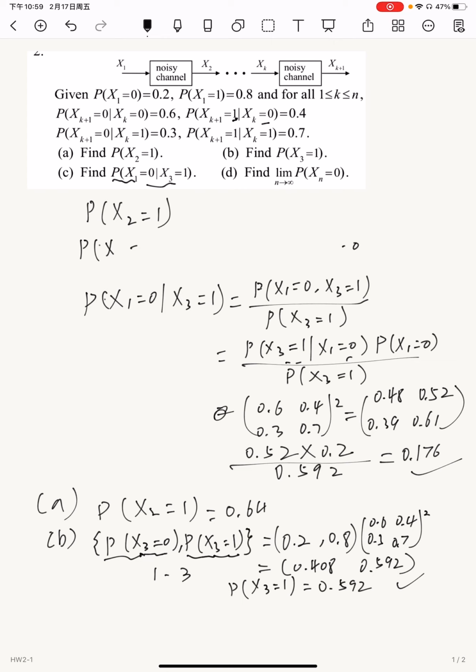Let's read problem D. To find the probability of xn equals 0 when n is infinite.